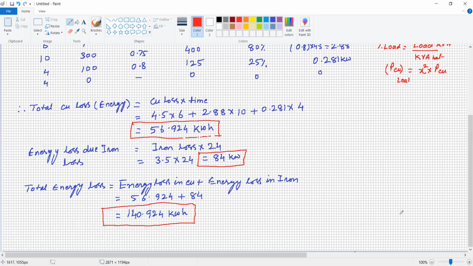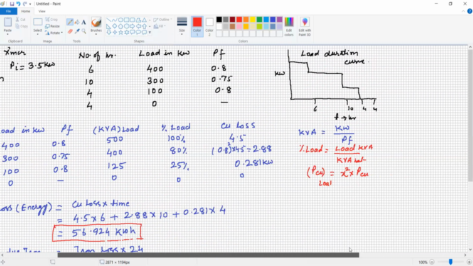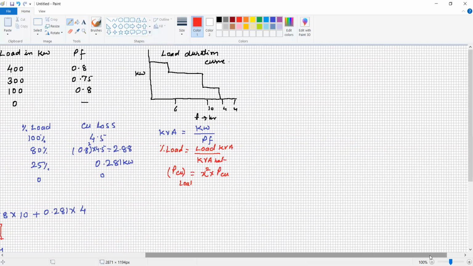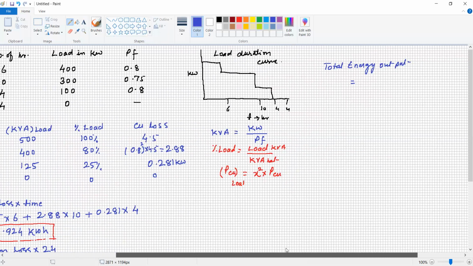Now, what is the output? Total energy output is equal to power output or load on the transformer multiplied by time. So it is 400 kilowatt for 6 hours, 300 kilowatt for 10 hours, and 100 kilowatt for 4 hours.